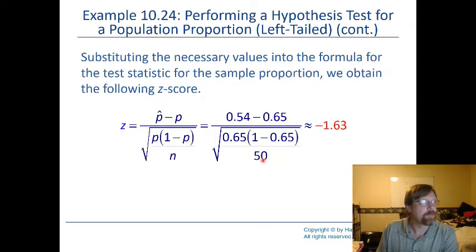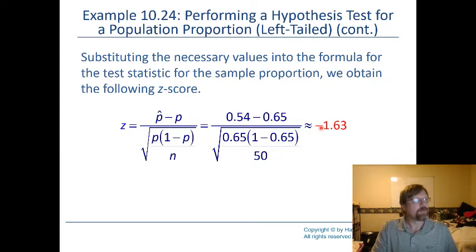So we put that into our z-score formula. Sample proportion minus presumed population proportion, so 0.54 minus 0.65, divided by the square root of the presumed population proportion times 1 minus the presumed population proportion, over sample size. We get a negative 1.63 for our z-value.